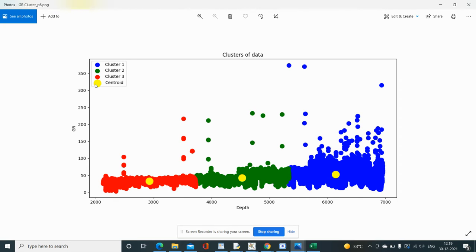Obviously, we can say that anything above 200 can be some kind of genuine anomaly or spiky data, because we rarely see gamma ray above 200 in normal oil fields, or the maximum is 250. It can be possible, but in a shaly environment, it is rarely seen. So we can assume that there are some data points that are erroneous or spiky or of dubious behavior.